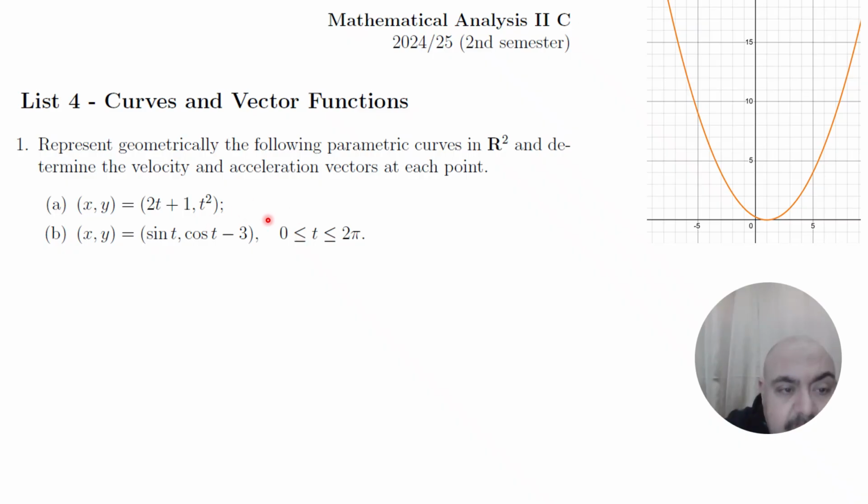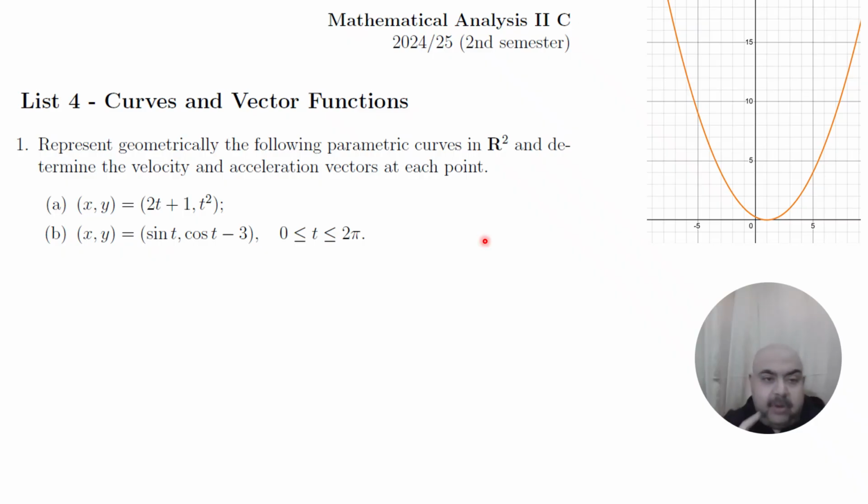If you start increasing the numbers, you will start having the shape of the parabola, as you can see. It's also a very good idea to use a parametric grapher on the internet. I believe Desmos is a really nice program to use in order to imagine the shape of the curve that you are dealing with.